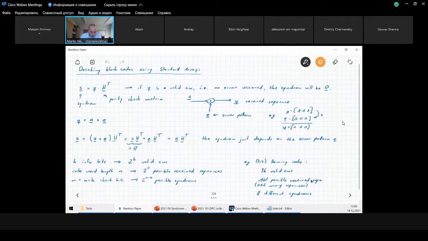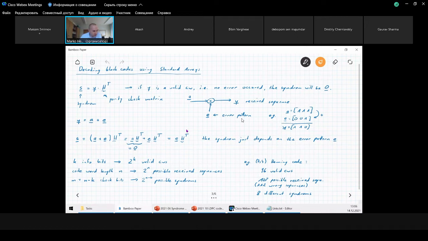Okay. Then we thought about a method for how to decode these block codes efficiently. So far, we only learned that we could decode the codes based on the minimum Euclidean distance, for example, if we have a real valued channel output, so soft decision decoding.